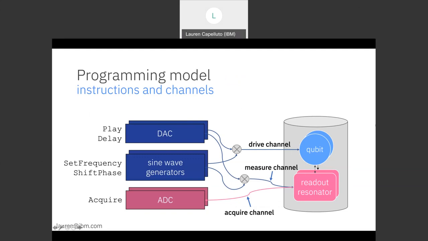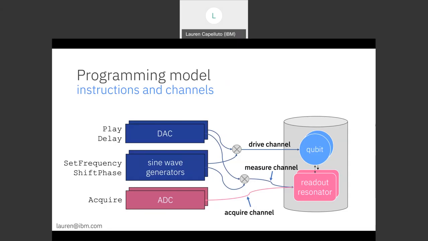The separation makes sense if we think about how the control rack electronics could be set up. So we have a digital to analog converter that can be part of an arbitrary waveform generator. This instrument is going to consume the play instruction, which is passing the user's sample data to this device.